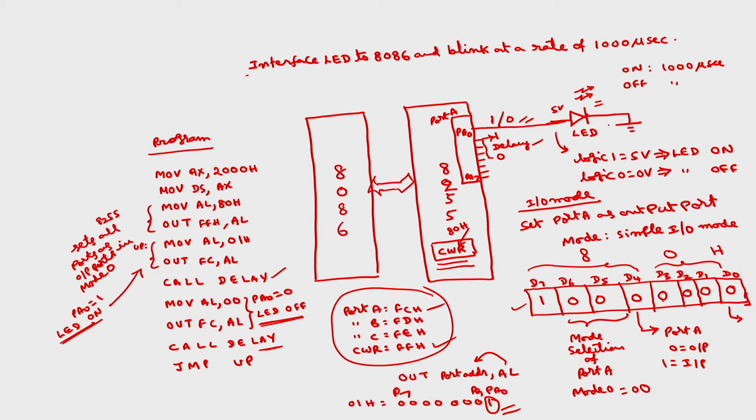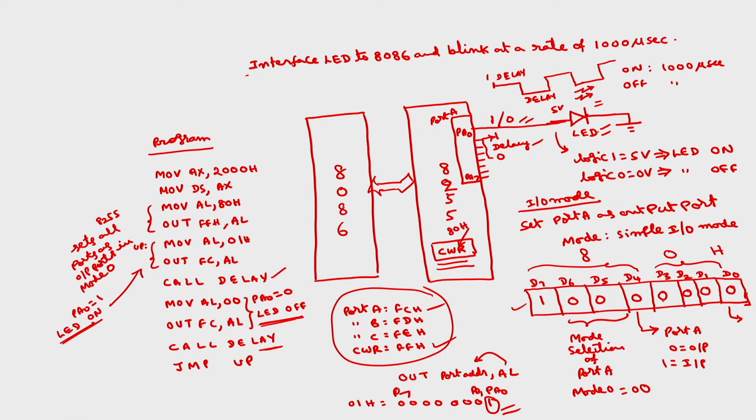Instead of connecting this LED, if I connect to the CRO, because here we are getting 1 for some time, this is logic 1, some delay, then we are making logic 0 with same delay, and then you are repeating this 1 and 0, 1 and 0, which is nothing but square wave.